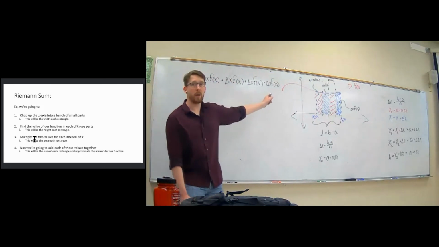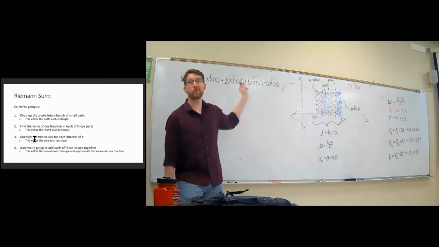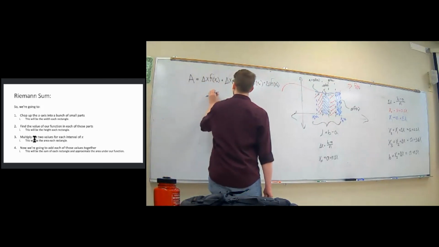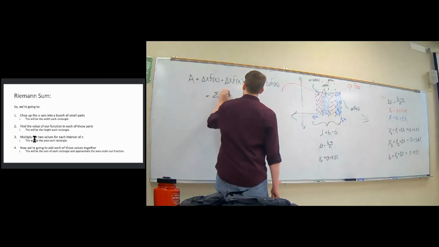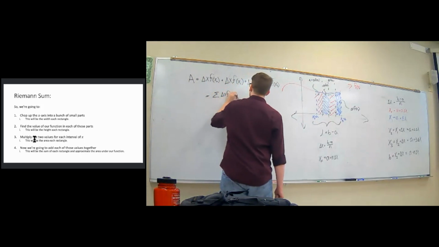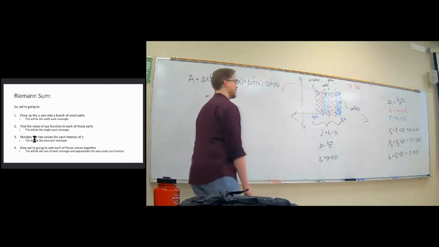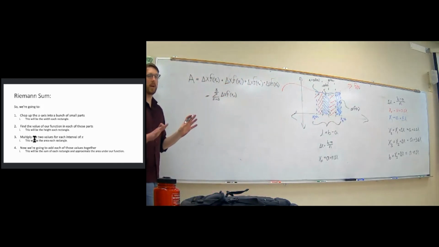And now you see why I wanted to use that notation, because this just sucked to write. Instead, we could say, cool, this is equal to the sum of delta x times f evaluated at xn, where n is between 0 and 3. This is why I introduced that notation. It reduces what we've got to write by a lot. But this gives us the approximate area.